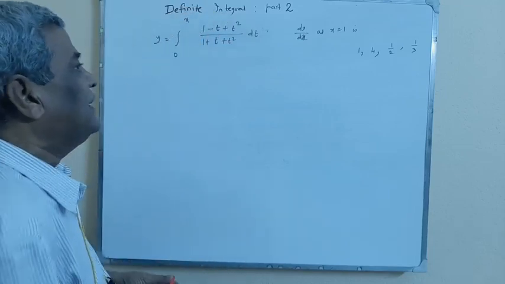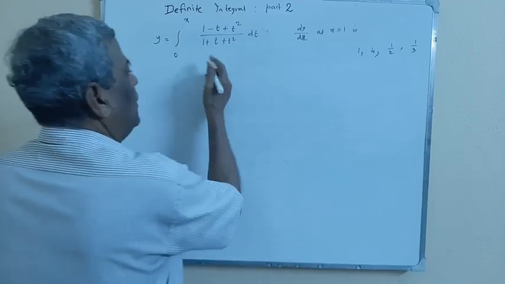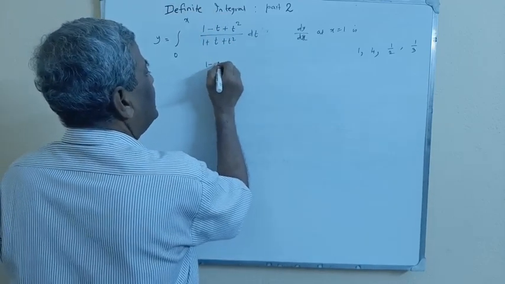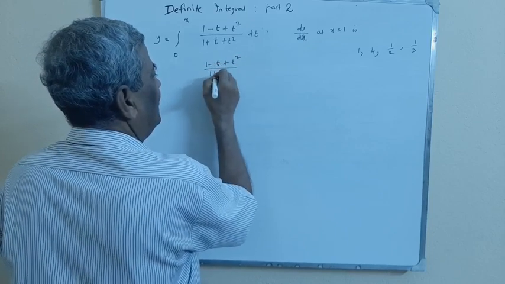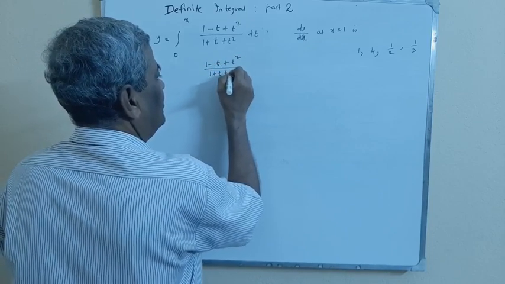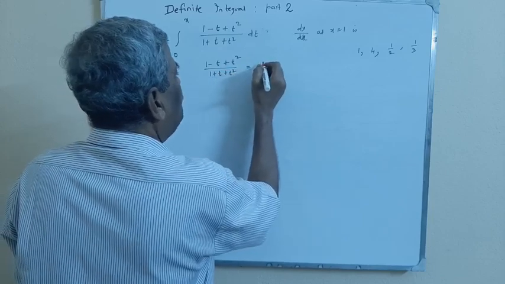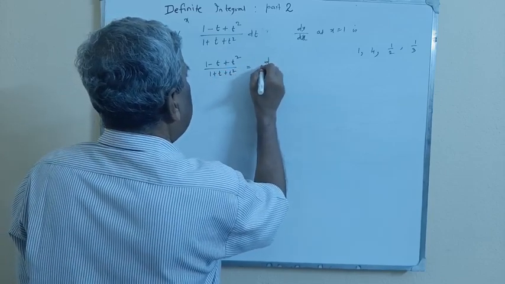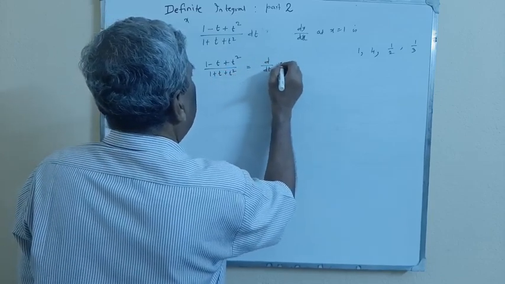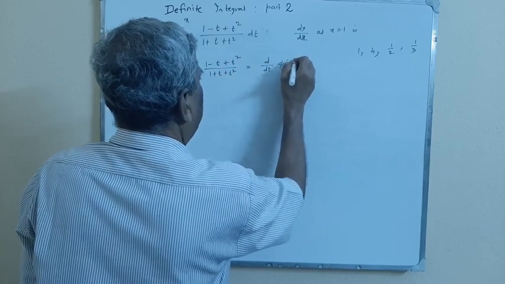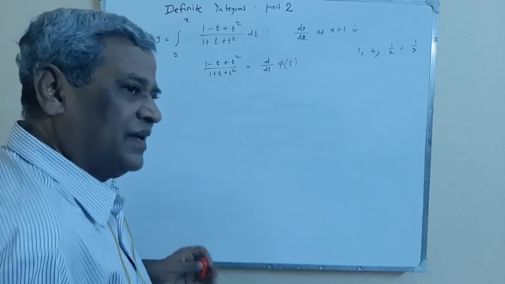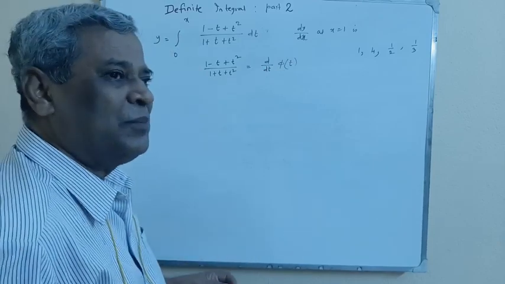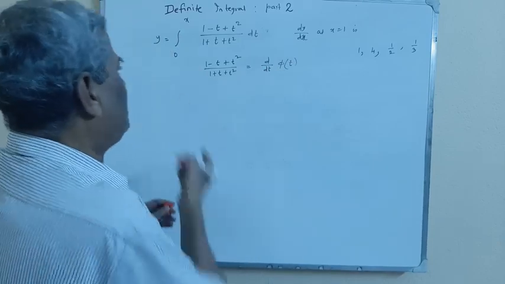But if I take the integrand equal to phi dash t, that is d dt of phi t, the derivative of phi t, then the problem will be extremely simple.